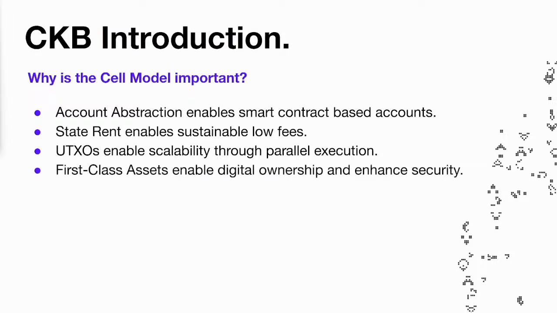First-class assets enable digital ownership and enhance security. So the simplest way I have of explaining this is that the user's authority always takes precedence over smart contract authority. This enables digital assets to actually somewhat mimic the way that physical assets exist in the real world. And I'll give you kind of an example of this. So let's say that there's a really popular NFT collection with some expensive NFTs out there owned by hundreds and hundreds of users.